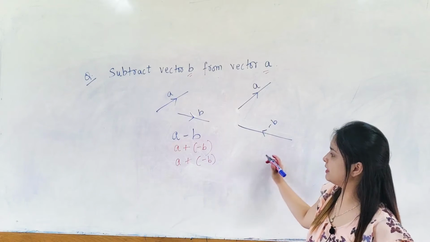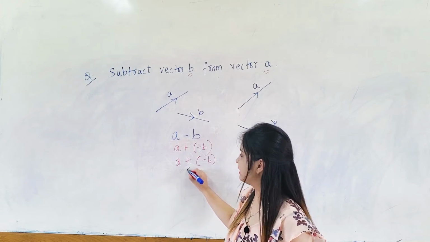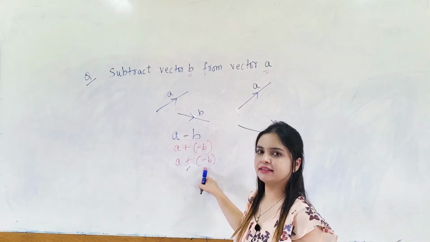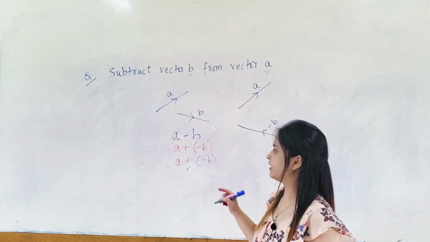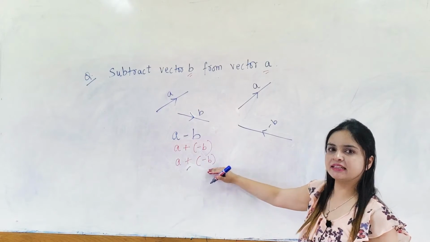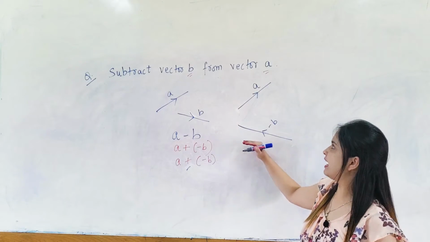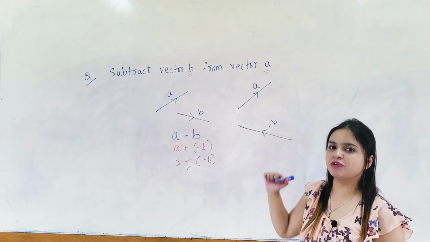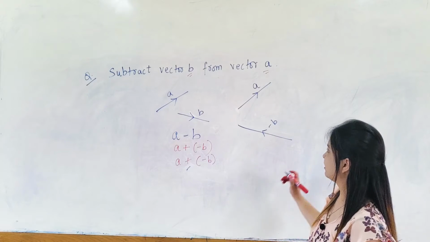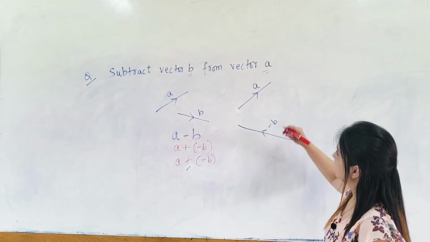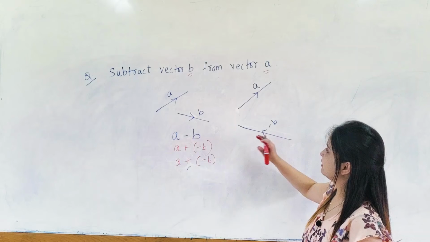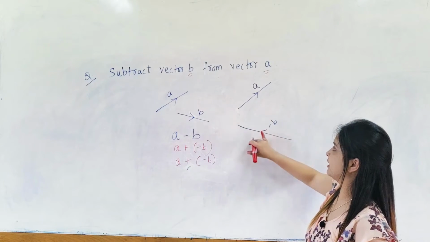Now, next step is to find the resultant of A and negative B. So how do you find the resultant of A and negative B? I have two vectors, so let's use the triangle method. I will join A and minus B together.